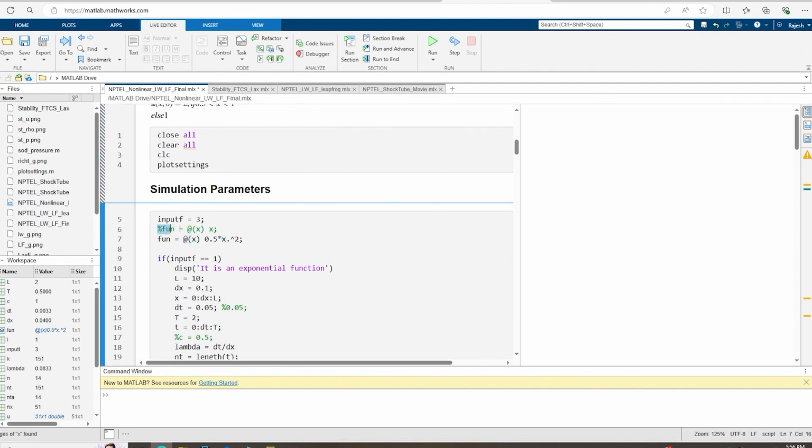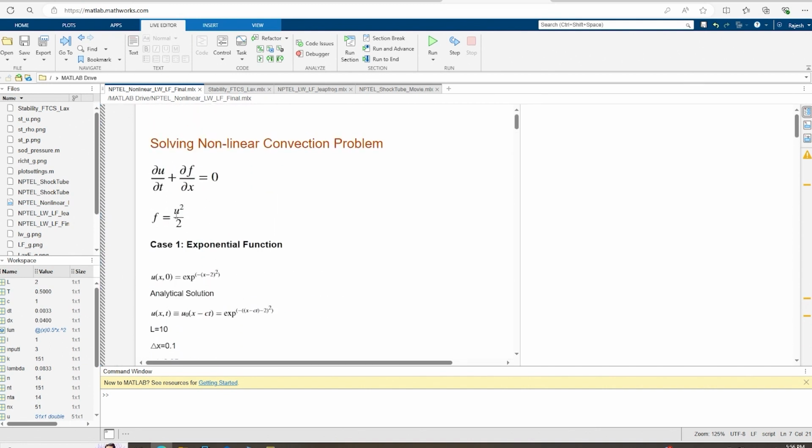If it is a linear problem, this is just x, that means your convection speed is 1, and the problem being solved is del u by del t plus del u by del x equal to 0. If you are solving the nonlinear convection problem, this becomes 0.5 x square, that is, if x is equal to u, that is half u square.